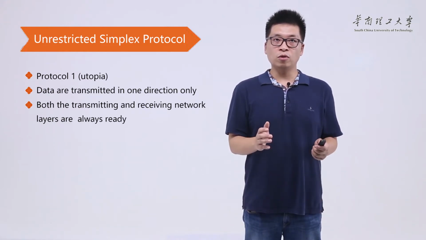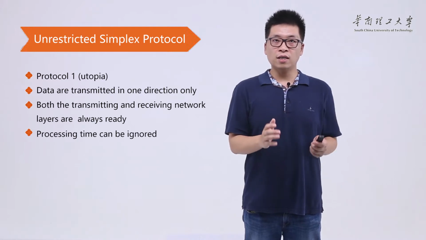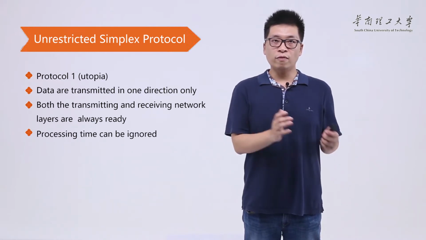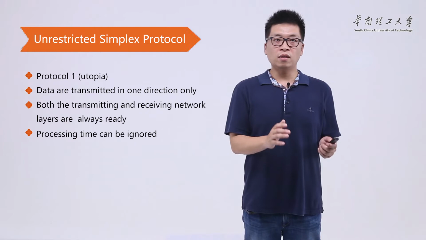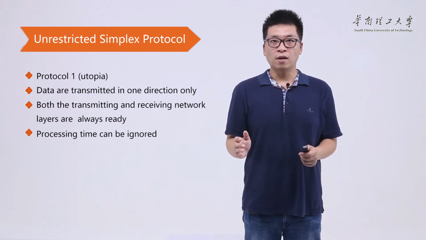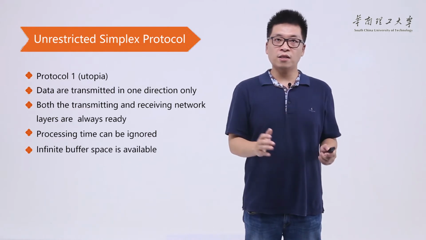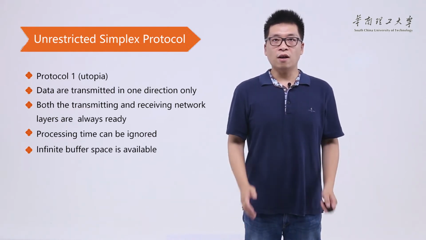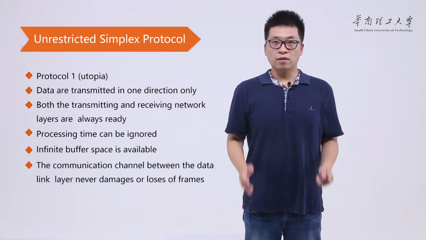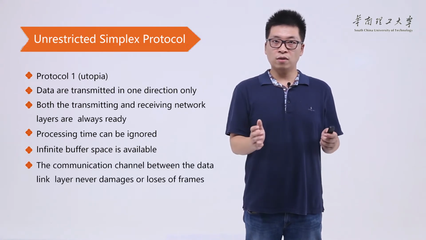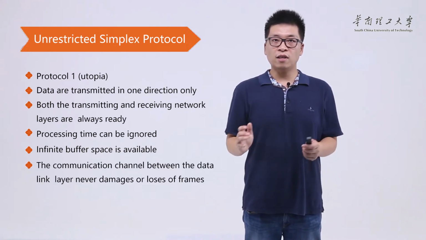We also assume that the processing time can be ignored, so everything can be done within a very, very tiny time. And we assume there is infinite buffer space on the receiver side. The communication channel between the data link layers never damages or loses frames.